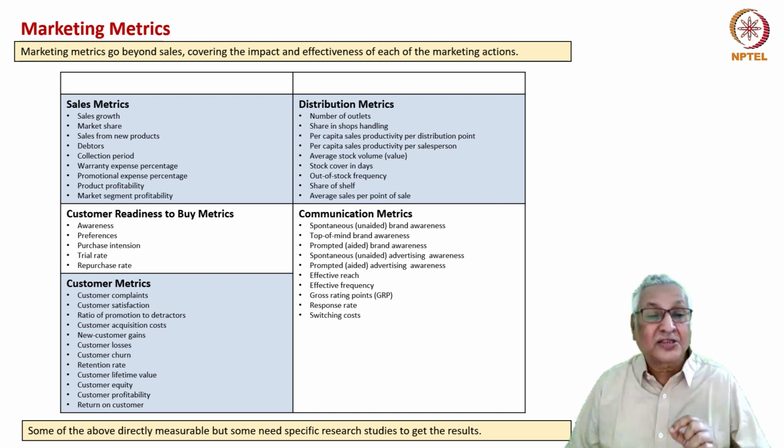You should understand customer readiness to buy in terms of metrics. Awareness of the customer's preferences, purchase intention, trial rate, repurchase rate are very important indicators of customer readiness to buy.